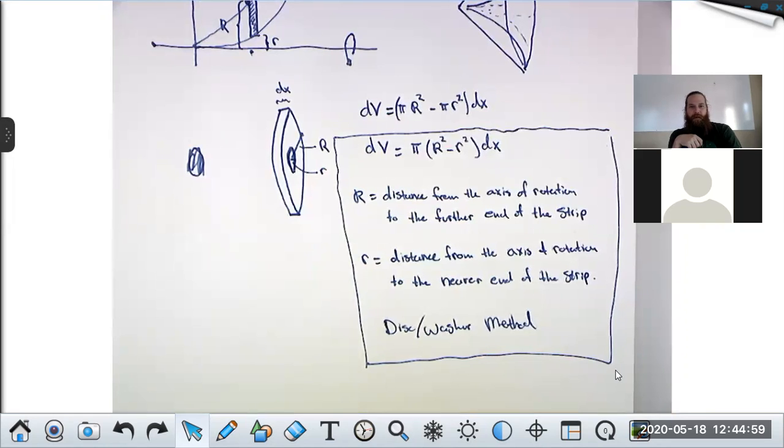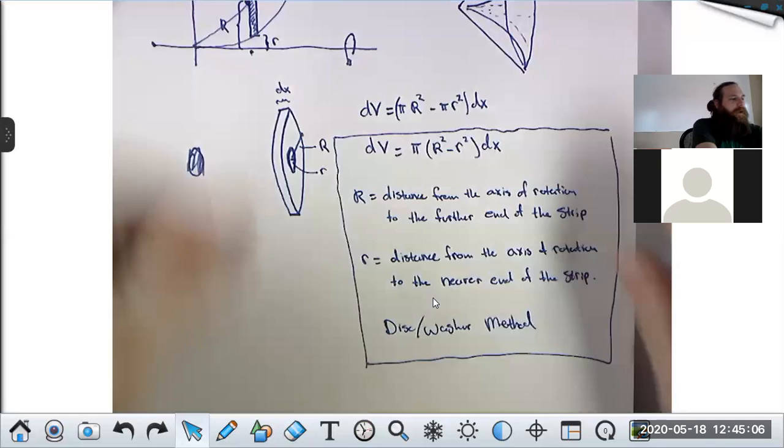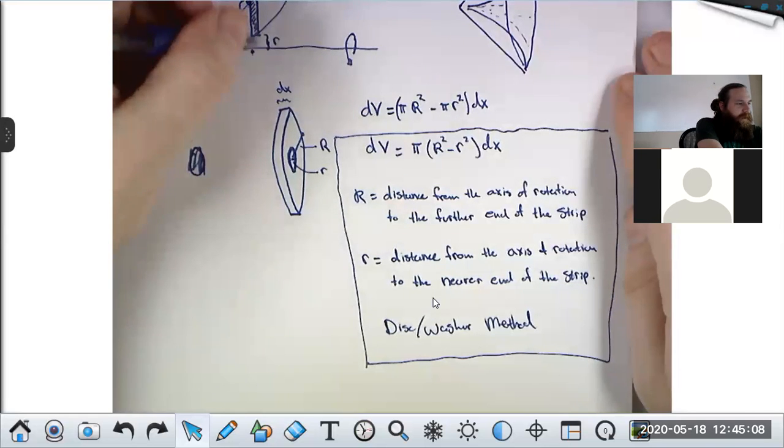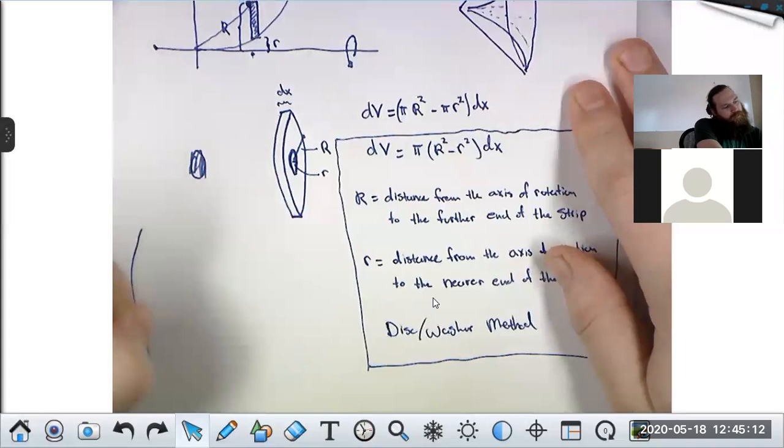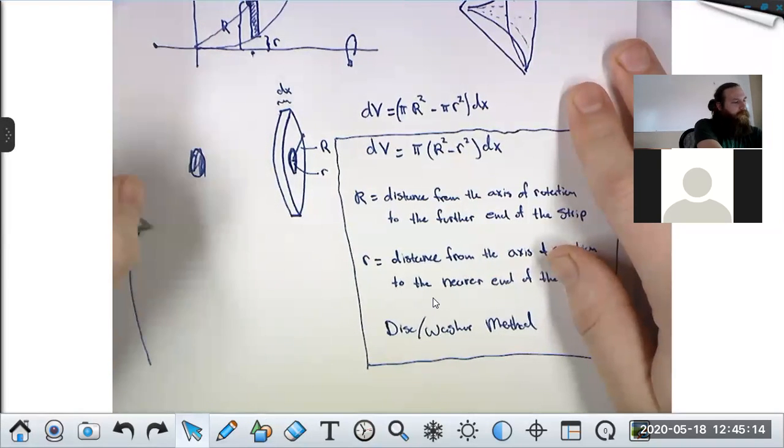Yeah, fair enough. So little r is the distance from the axis of rotation to the nearer end of the strip, because it's this little air gap. Maybe if I draw my dV solid a little bigger, you'll be able to see it more easily. Usually I'm working on a big board when I do this.